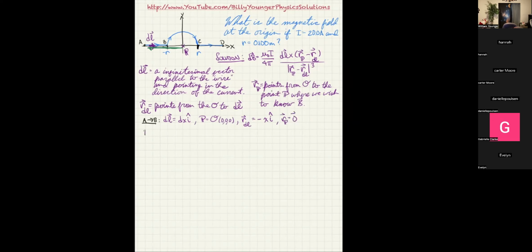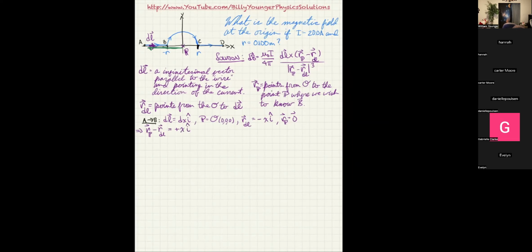Now we can say RP minus R dl is something we would like to calculate. And you can see pretty easily that RP being 0 just means we put a negative in front of the R dl. So that's in fact going to be positive x I hat.